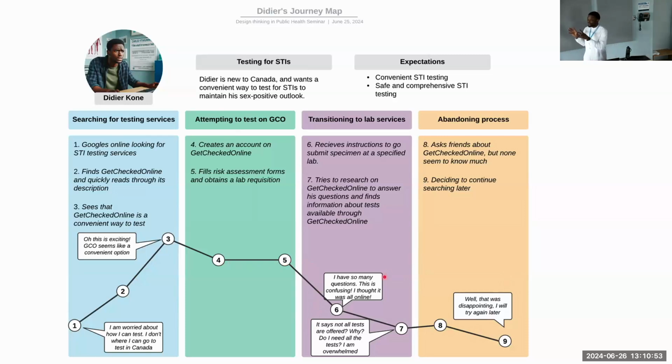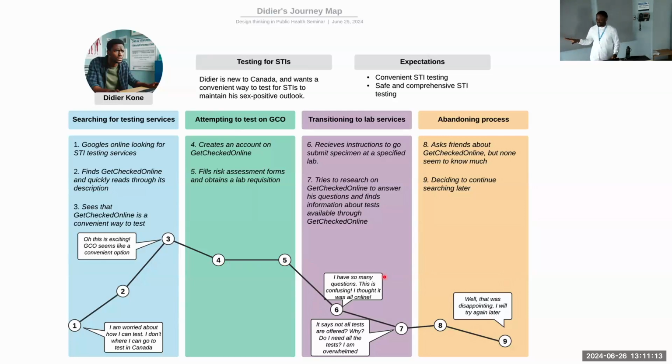And then you think about the phase where this happens. That starts to give you a sense of where you can be interrupting that journey to make sure that their feelings remain as high as possible, so that you're really addressing that problem by connecting to their feelings. So this is Didier's journey map.